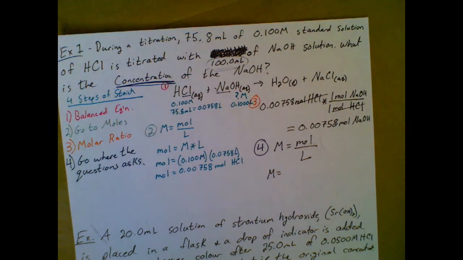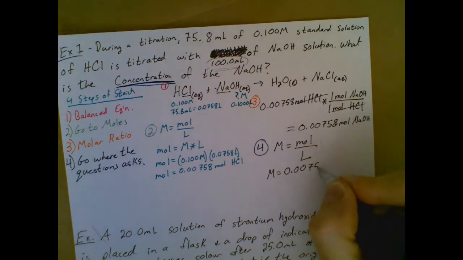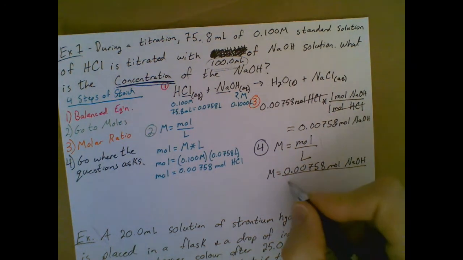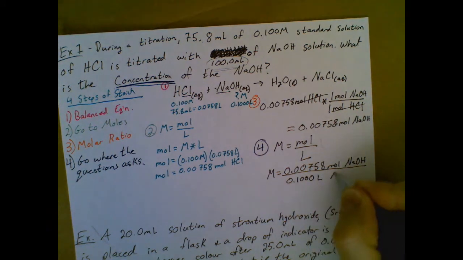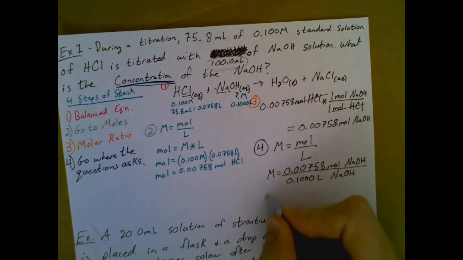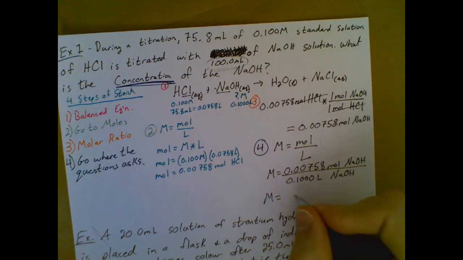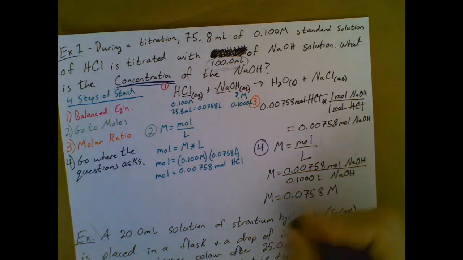So my molarity is actually going to be 0.00758 moles of sodium hydroxide divided by 0.1000 liters of sodium hydroxide. What's my molarity going to be? Well, my molarity is going to be 0.0758 molarity.